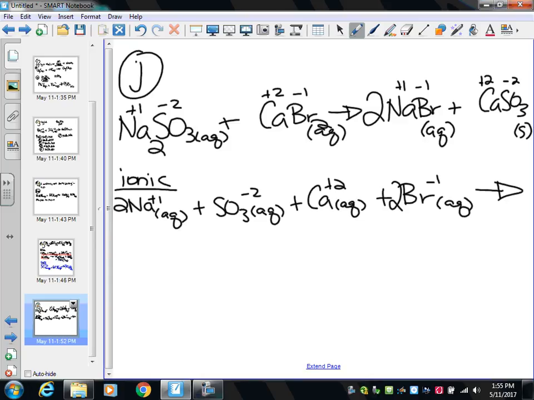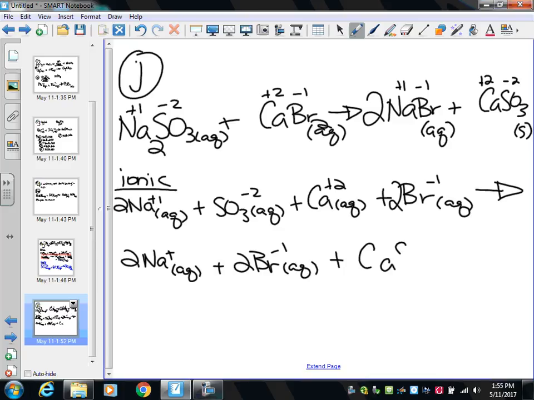Then I'm going to do my arrow. I'm going to move to the other side. Starting in the first one, I again have 2 sodium, +1, aqueous, plus 2 bromine, the -1 aqueous plus my one that makes us solid, so calcium sulfite with the solid. Again, I'm just going to underline this one in red to just show that that was all on the reactant side.